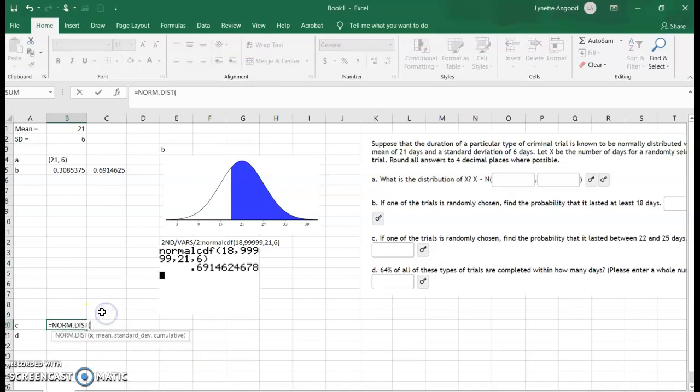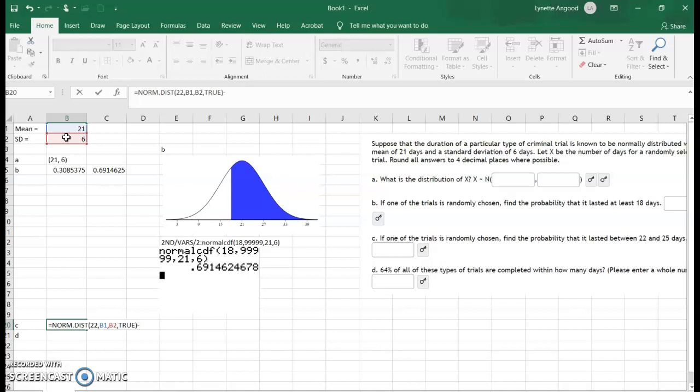Double click. The lower of the two in C is 22, comma, mean, comma, standard deviation, comma, yes, we want cumulative. But now we need to subtract the area below the upper of the two values.